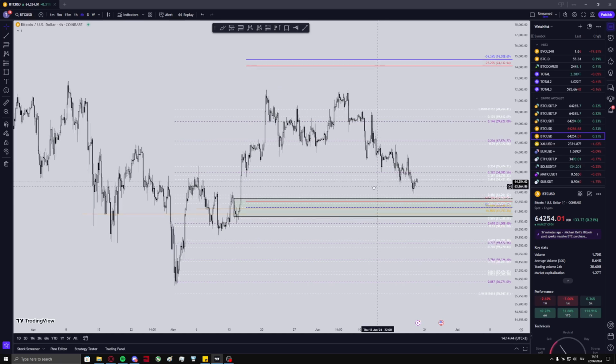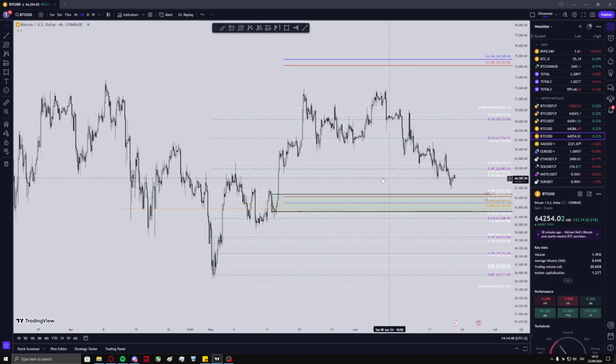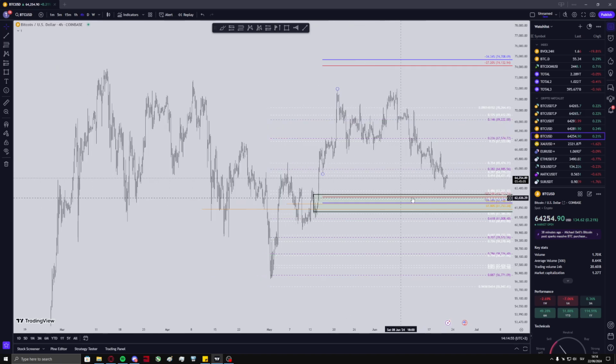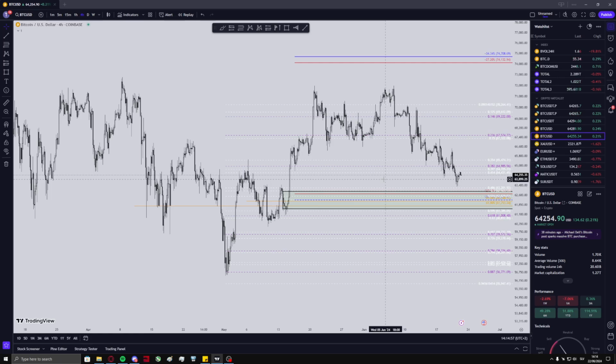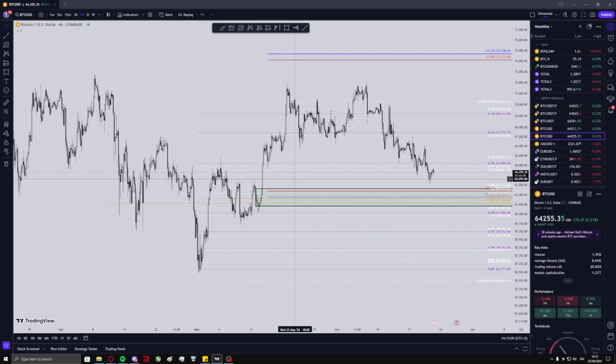Yeah, I agree, Lattice. It's just a very powerful confluence in my opinion as well, because it's being clearly respected. There is no real magic to it. It's just about finding areas where most of them align together, right?